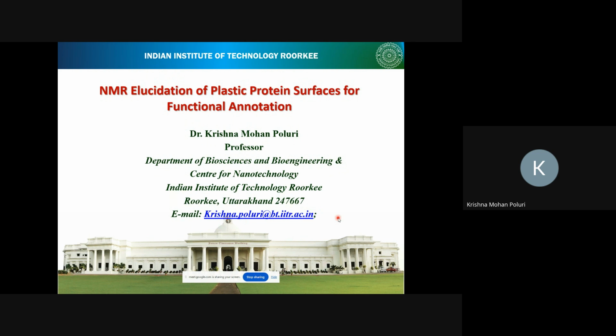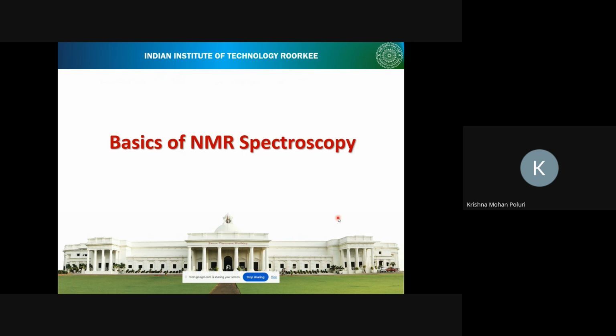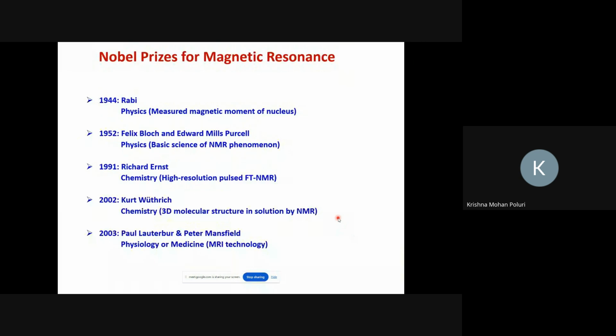Okay. So coming to NMR spectroscopy, this is one technique for which multiple Nobel prizes have been given. It started essentially with physics, then went to chemistry, and then biology.